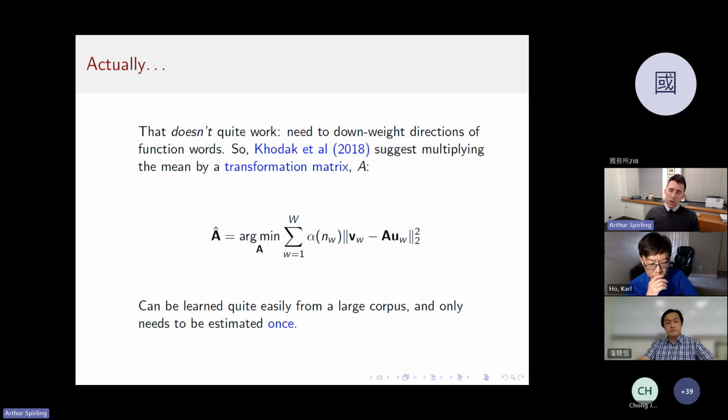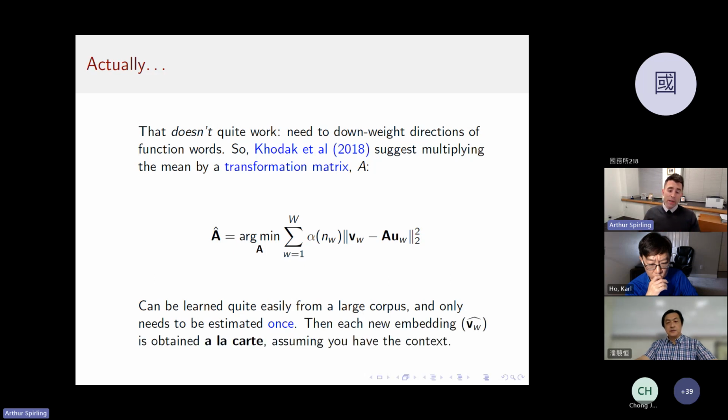It turns out that once you have this matrix, so firstly, it can be done very quickly. It doesn't take very long to estimate, at least if you have a large corpus. And indeed, I'll talk later about the fact that we're trying to produce these for many languages. But the key feature, and why this technique is sometimes called à la carte embeddings, is that you only need to estimate the matrix once.